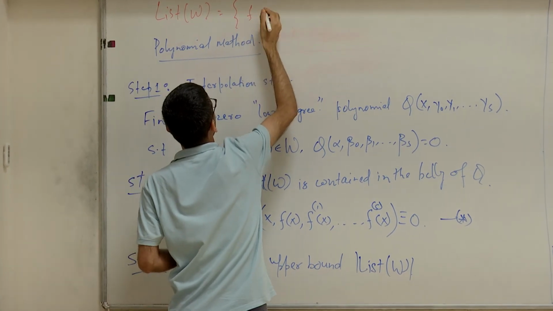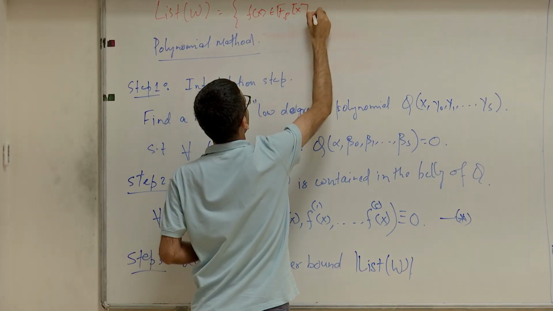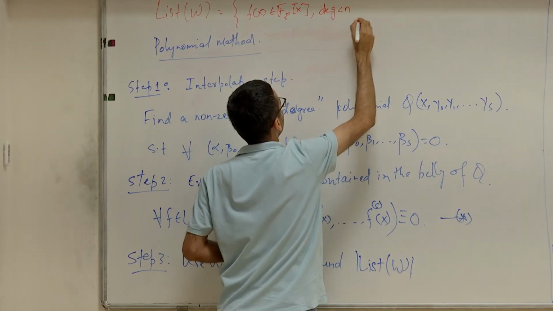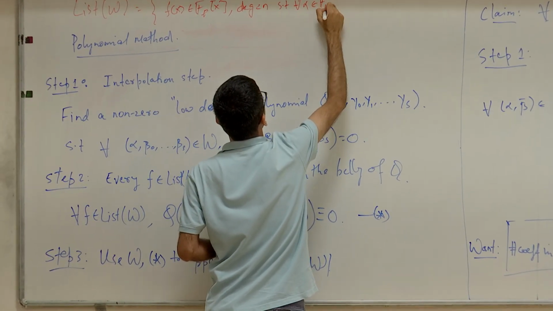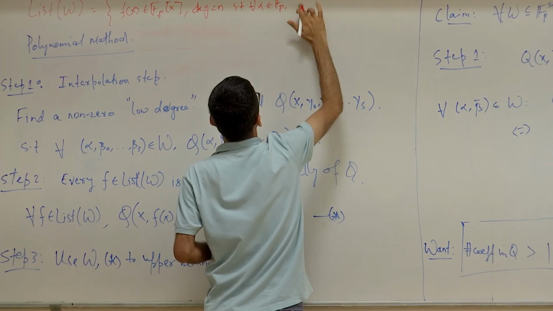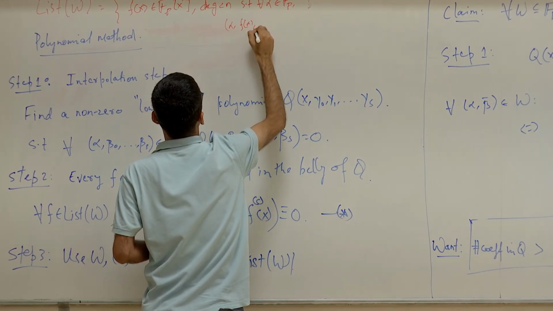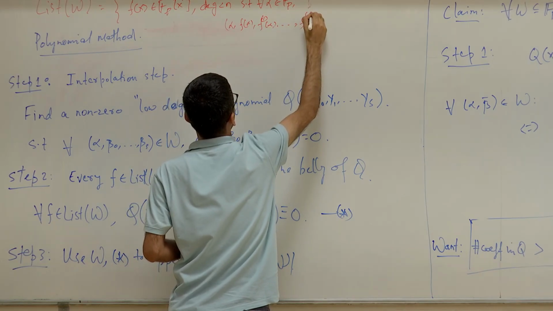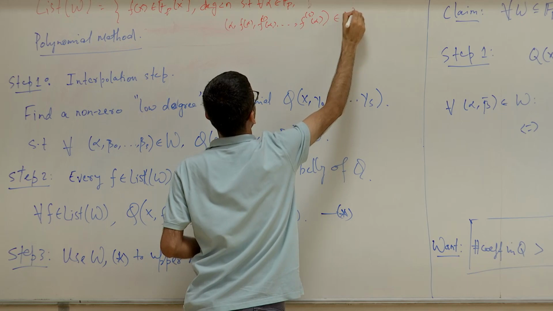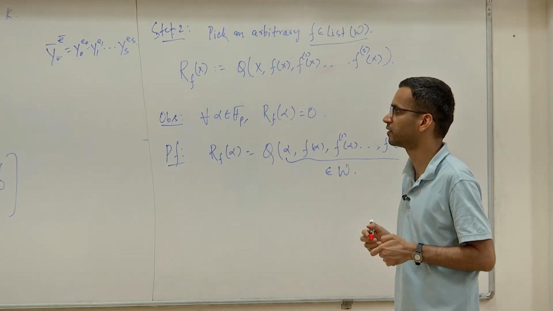This was the set of all polynomials f of x in Fp adjoint x, degree less than n, such that for all alpha in Fp, alpha comma f of alpha comma the derivative at alpha and so on belongs to W. So in the graph, these are all vertices on the left such that their entire neighborhood is contained in the set W.